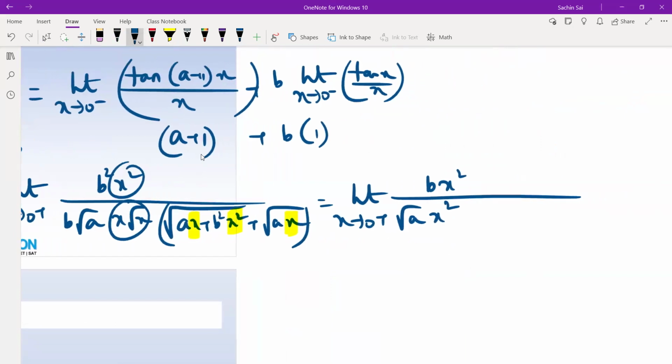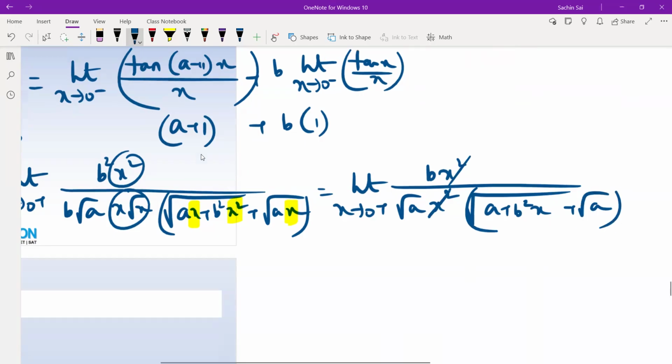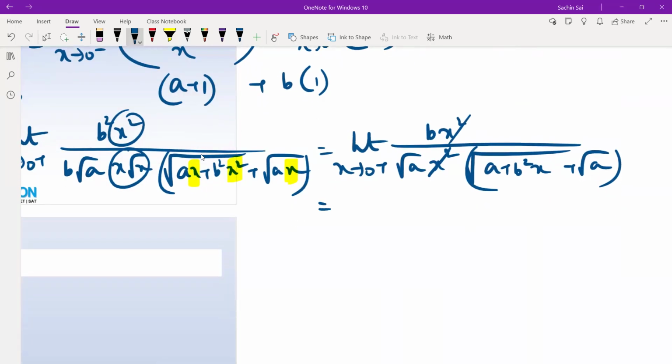To make this term in the denominator x square, I need to take x common from inside the square root. So that will be root of (a plus b square x) plus root a. Finally, x square gets cancelled out, and the value of this limit will become b by root a into 2 root a, that is b by 2, right?